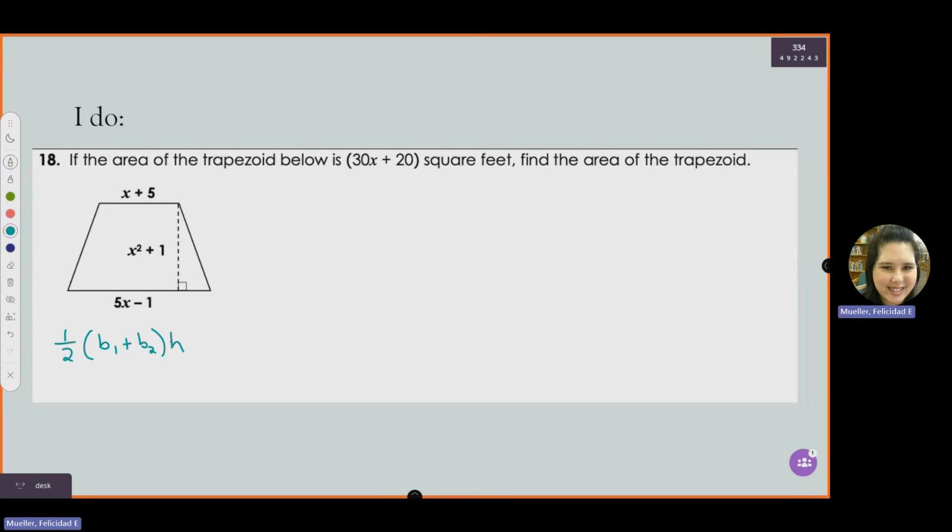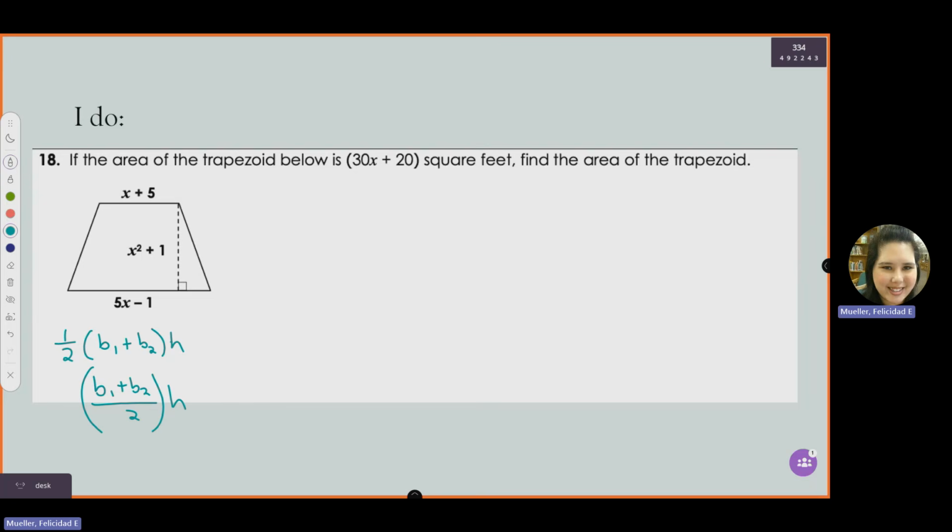So you might see this a couple different ways. You might see this as b1 plus b2 over 2 times h. But that is the formula for the area of a trapezoid. I just wanted to double check that one before I start using the wrong formula.